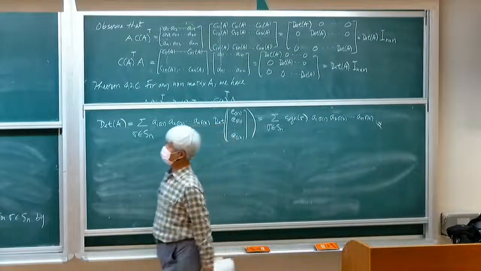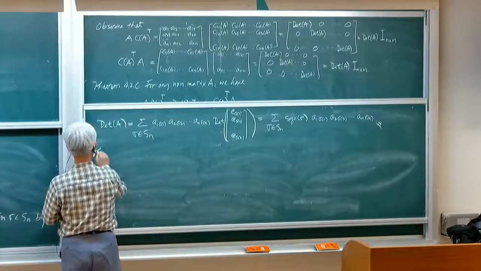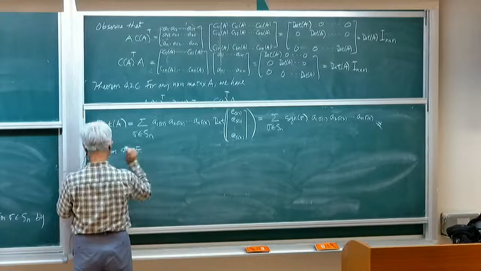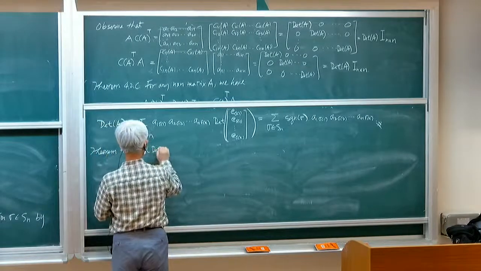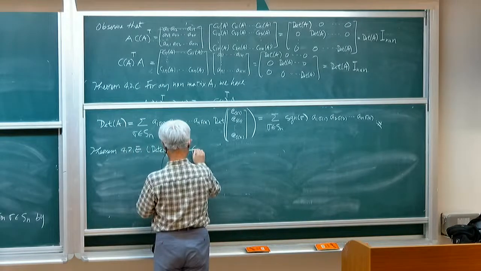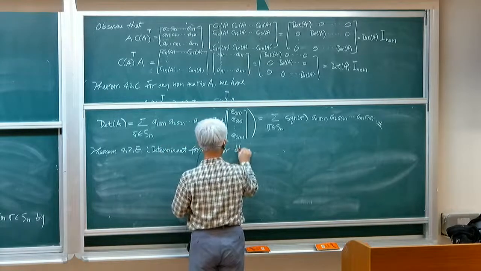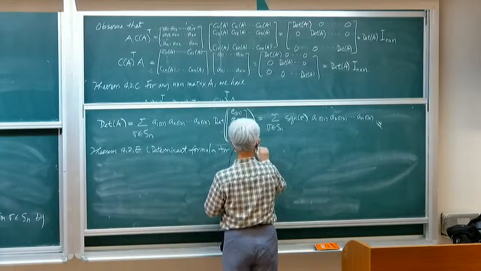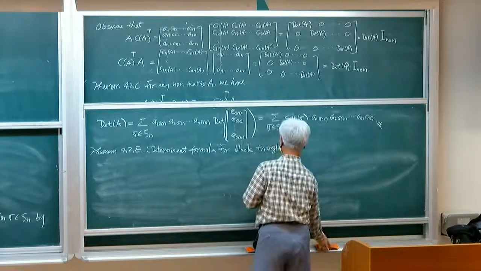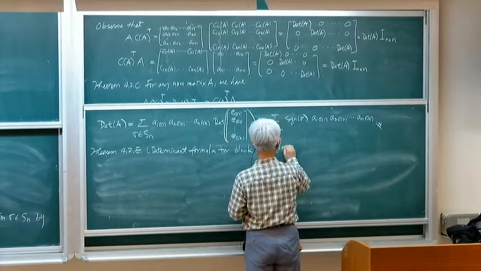All right, so this is the expansion formula. The last result of this chapter, to be used later in chapter 6, is about the determinant formula for block triangular matrices.